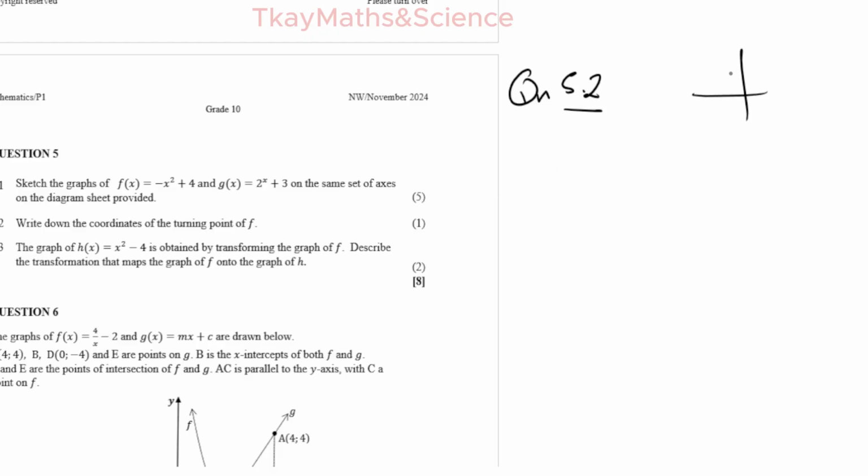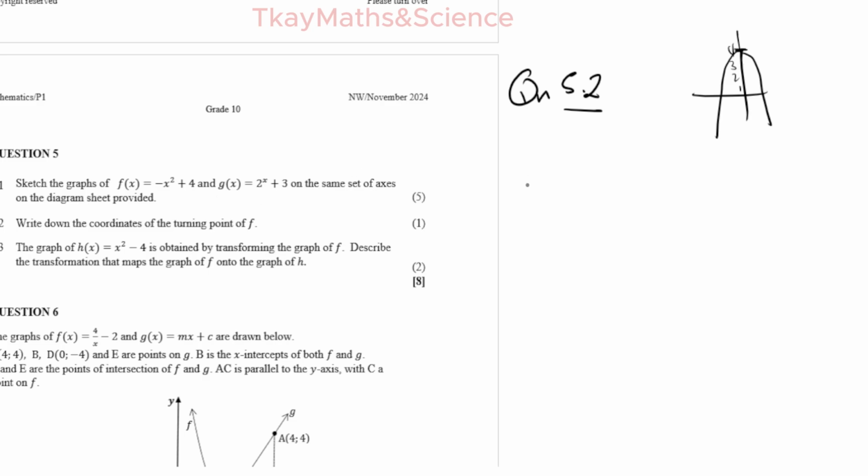It was on 1, 2, 3, 4, as you can recall. So this one here is our turning point, the maximum value.